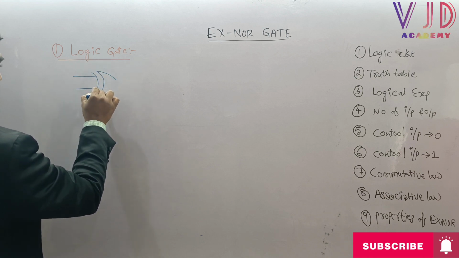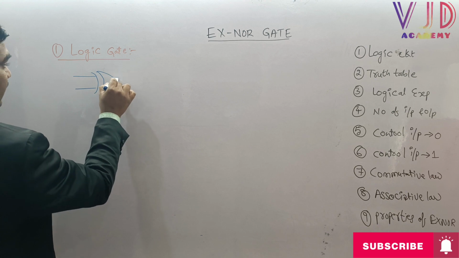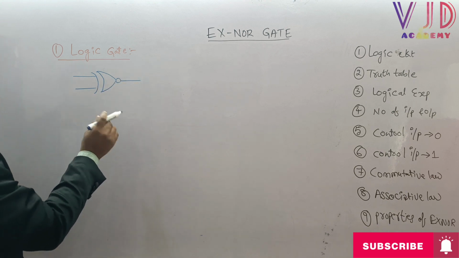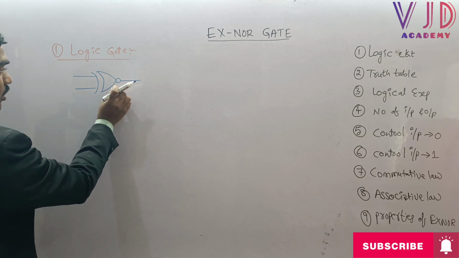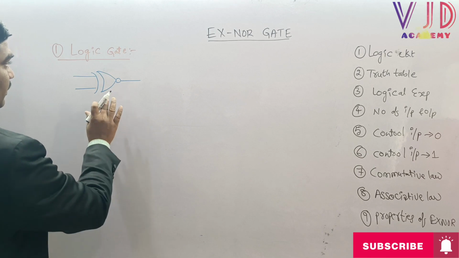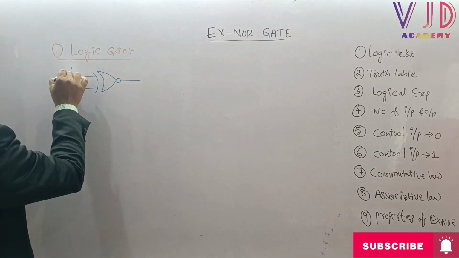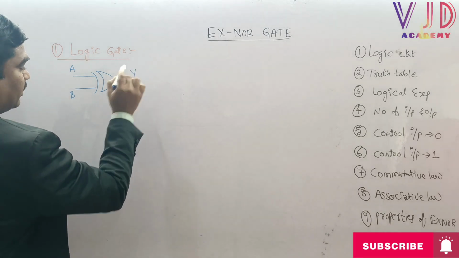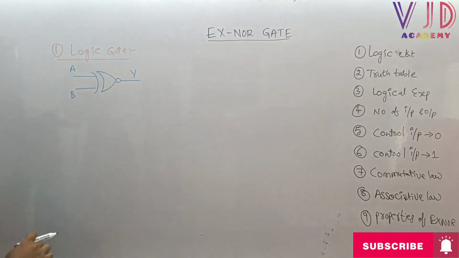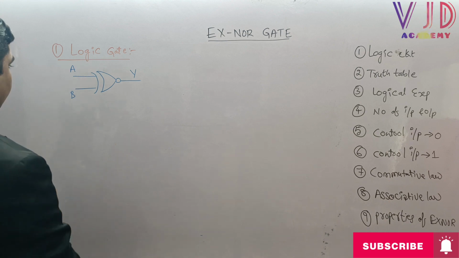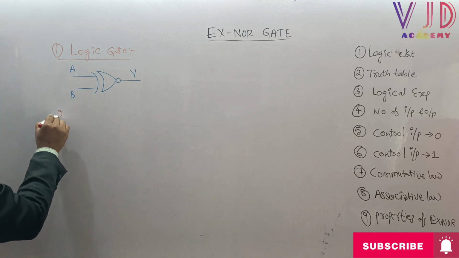This XNOR gate is also very similar, but one extra bubble we are adding, which means we are adding one NOT gate to the XOR gate. This will become the XNOR gate. Sir, here A and B are the inputs, and Y is the output. This is the logic circuit.